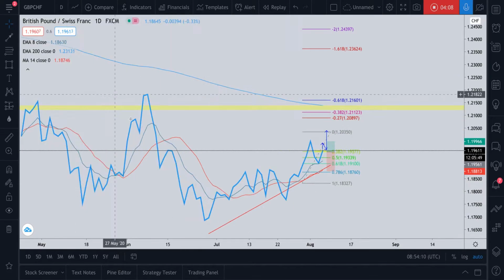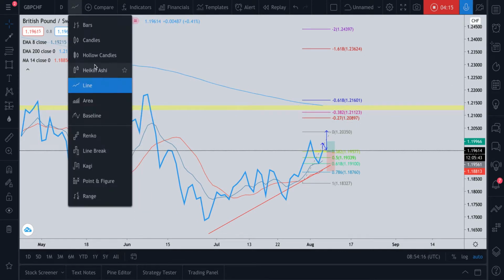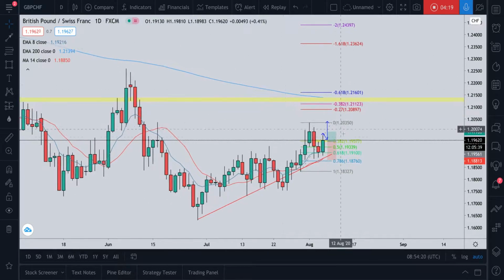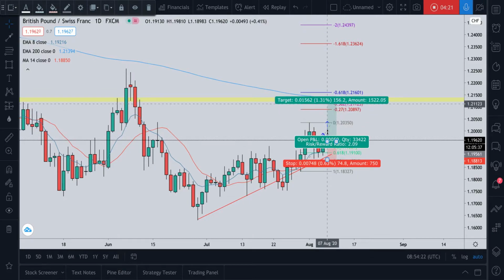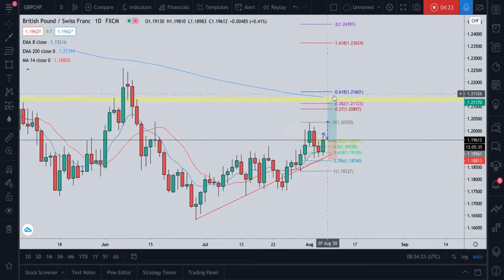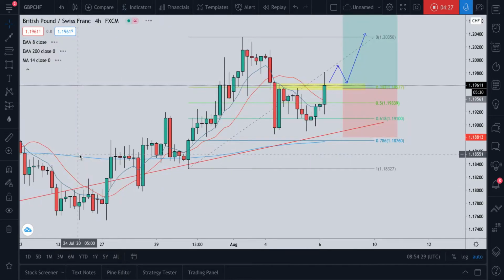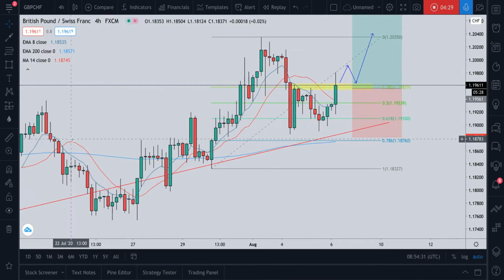If you switch to the line graph, you see there's this rejection here, which is technically the wicks area, which is not shown in the line graph. So the key level to watch is this area. We're going to see a big upside move to that area. That's a key liquidity zone, because when you look at the COT data, we're seeing a lot of institutions selling the pound for the CHF.